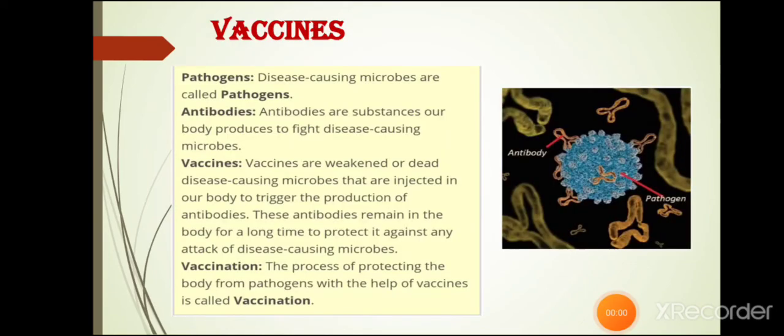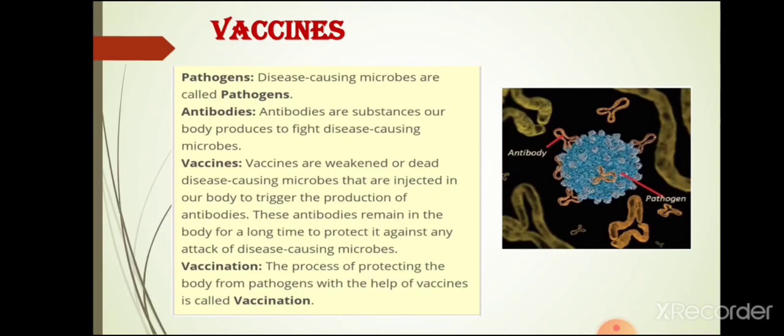Our next topic is vaccine. Before starting this topic, you must know about a few terms like pathogens, antibodies, vaccine, vaccination. First, we will talk about pathogens. Pathogens are disease causing microbes or microorganisms. What are antibodies? Antibodies are substances produced by our body to fight disease causing microbes.